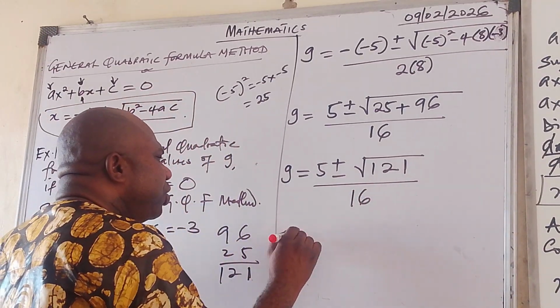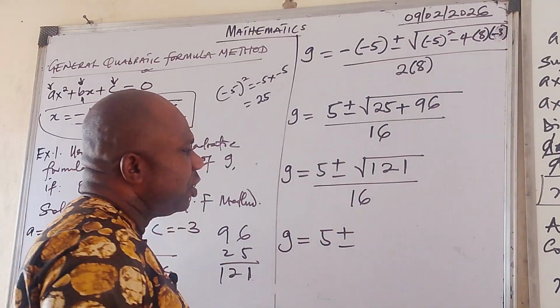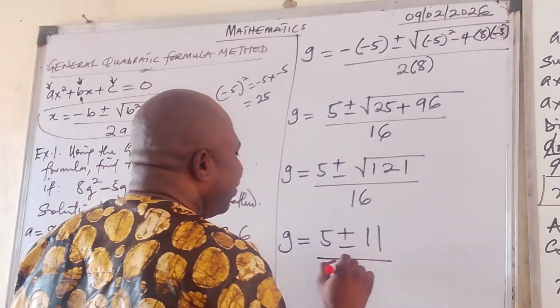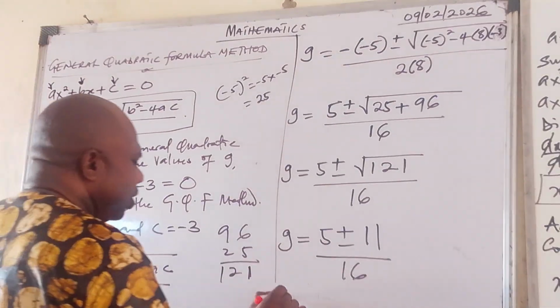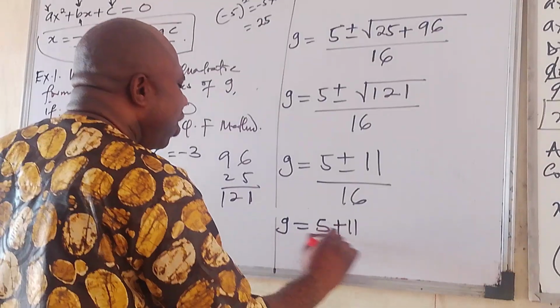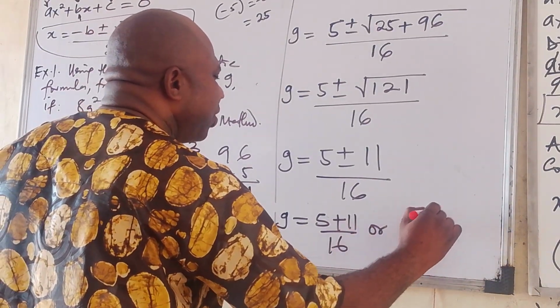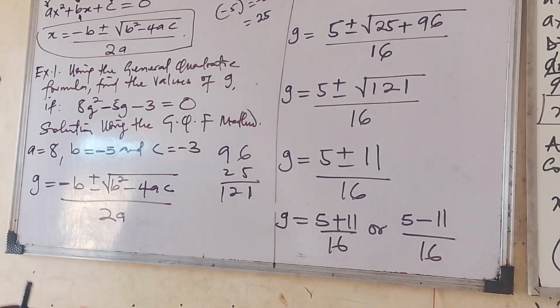So it means g will be equal to 5 plus or minus the square root of 121, which is 11, all over 16. It means the value of g will be equal to 5 plus 11 all over 16, or 5 minus 11 all over 16.